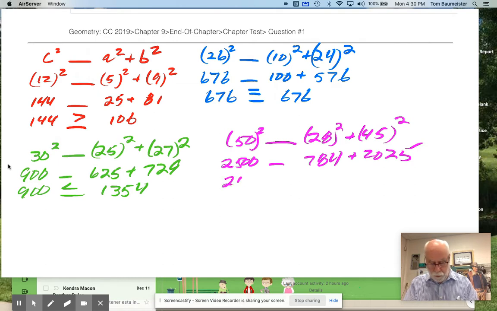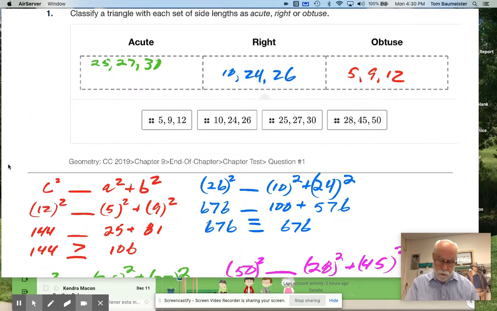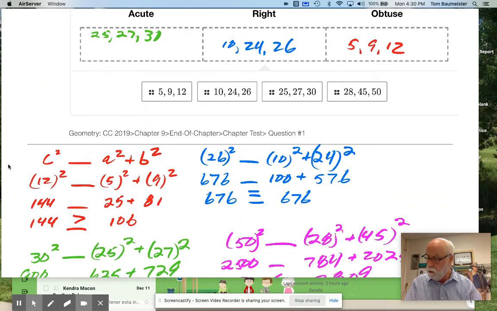Hopefully you can see right away that's going to be more, but if not, go ahead and add it all up. So this one is going to be less than also, so that would make it acute also. We're going to put this one here also: 28, 45, and 15. All right.